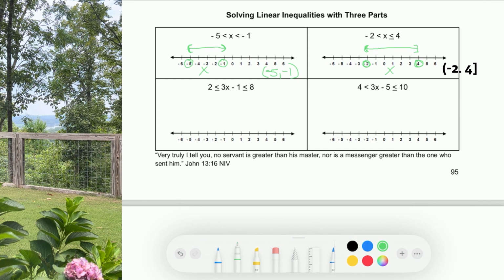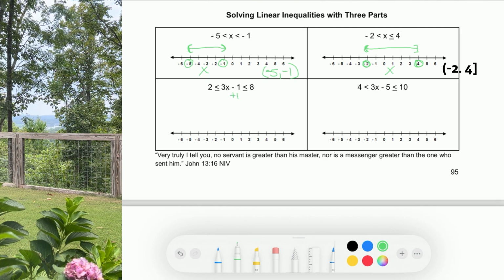Now let's look at these next two examples. These are the ones that I was talking about where it might seem brand new to you. But what we're gonna do is the same steps to get x by itself. We're just gonna be solving it with both ends of this problem. So I noticed the 3x minus 1 in the middle. I need to get the x by itself. So the first thing I'm gonna do is move that -1. To move it, I need to do the opposite.